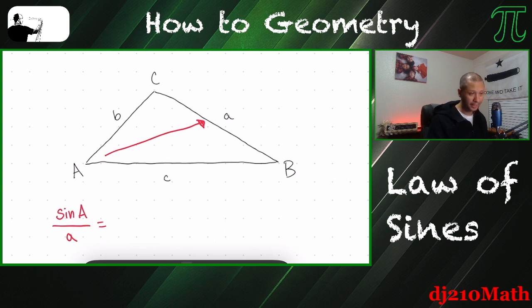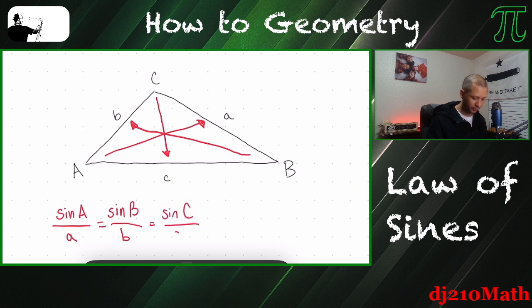So the sine of A, big A, over little a is going to be equal to the sine of big B over little b, as well as sine of C, big C, over little c, right?